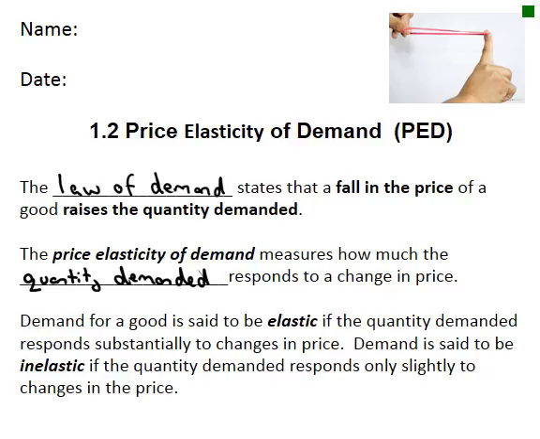The price elasticity of demand measures how much the quantity demanded responds to a change in price. Demand for a good is said to be elastic if the quantity demanded responds substantially to changes in price. Demand is said to be inelastic if the quantity demanded responds only slightly to changes in the price.